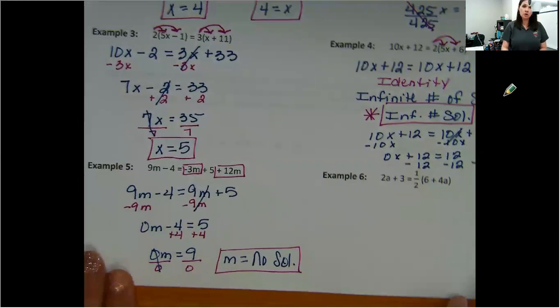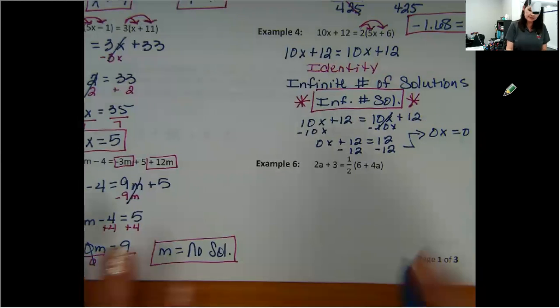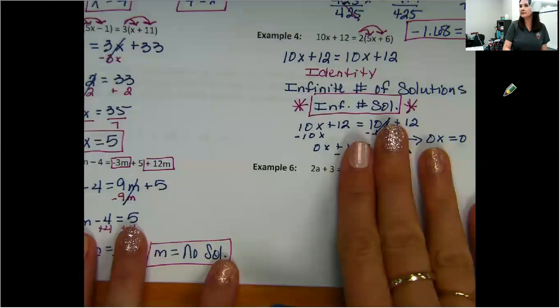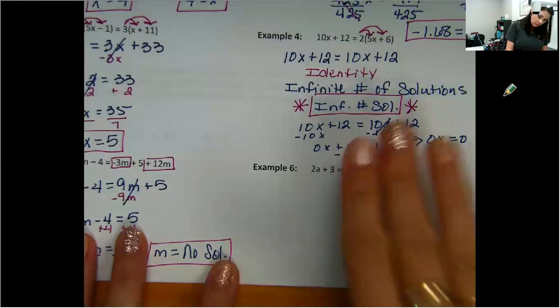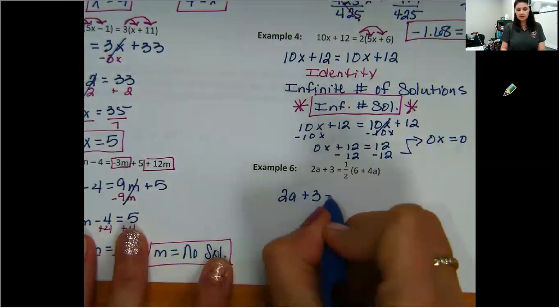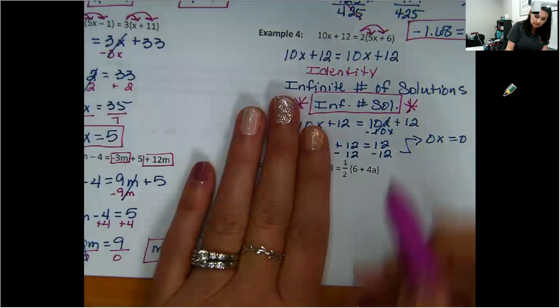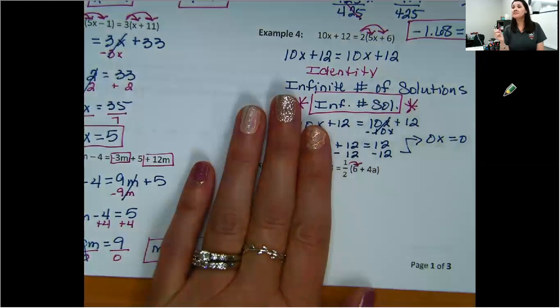So let's look at example 6. We have 2a plus 3 on the left. We can't combine anything. And then on the right, we have the distributive property. Now I'm going to distribute 1/2 to 6. 1/2 times 6.